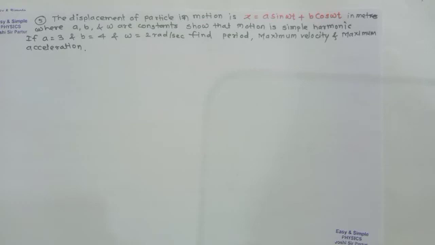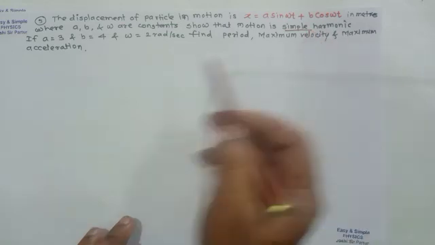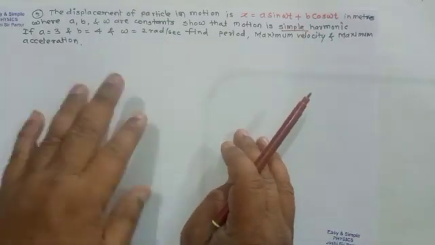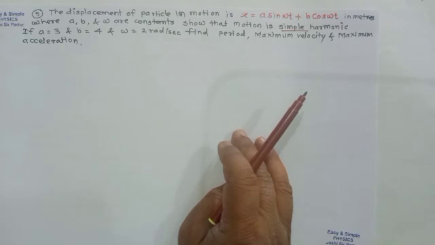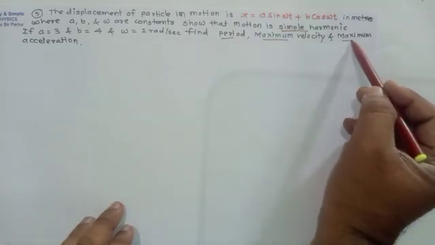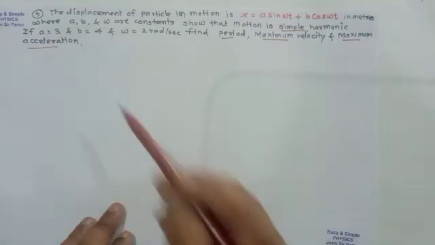Show that the motion is simple harmonic. If a is equal to 3, b equal to 4 and omega equal to 2 radian per second, find time period, maximum velocity, maximum acceleration.